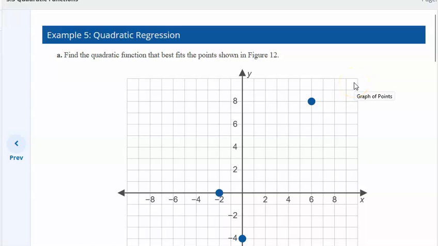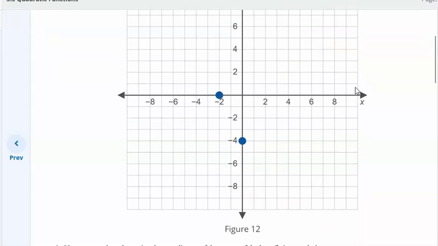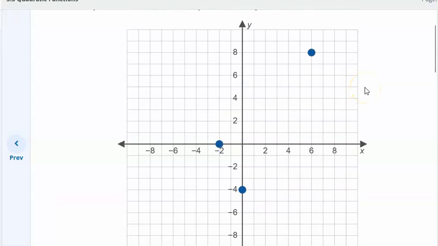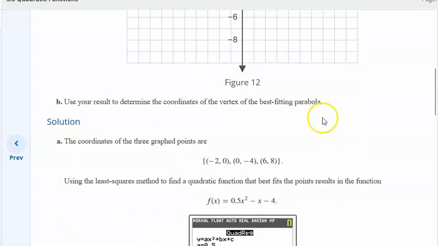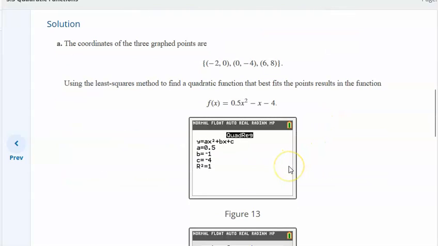Looking at example 5, again, 3 points. Let's go back so you can check them out. Here, this is going to be -2, 0. This will be 0, -4. And this one is going to be 6, 8, as we see there. Put that into your software or calculator, and this is what you get.